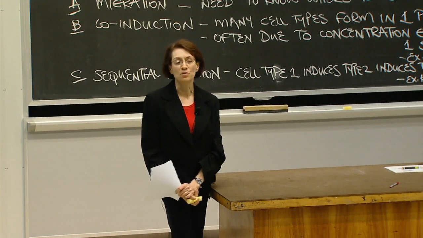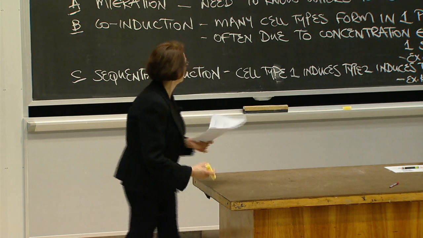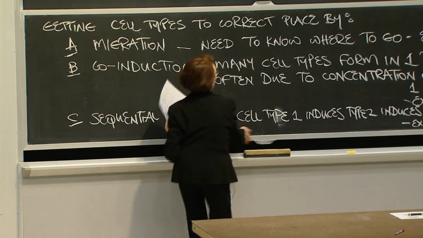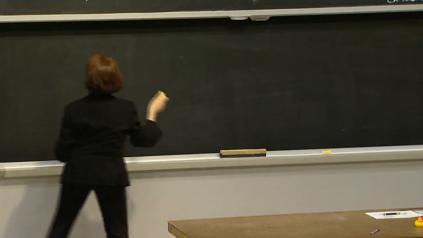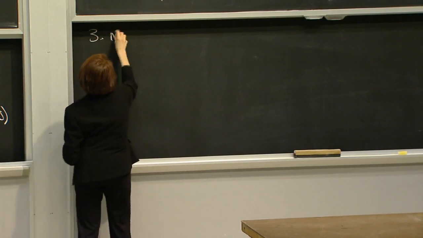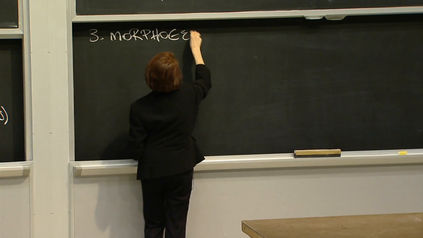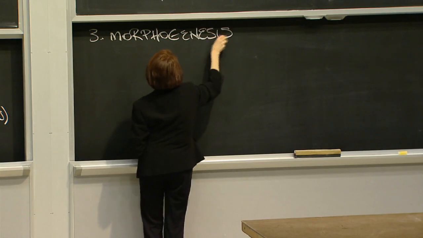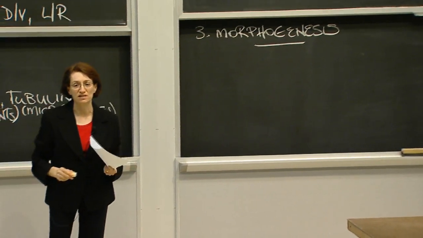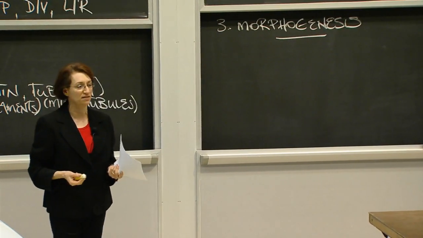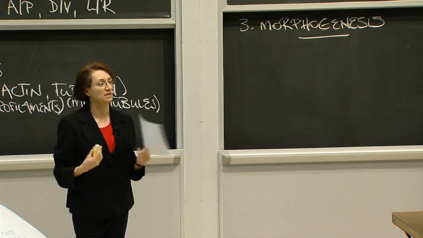I am going to talk more, though, about this question of 3D structure. And that is the question of morphogenesis. Organogenesis, morphogenesis, you might have heard of histogenesis, which means building tissues. The genesis part refers to building.